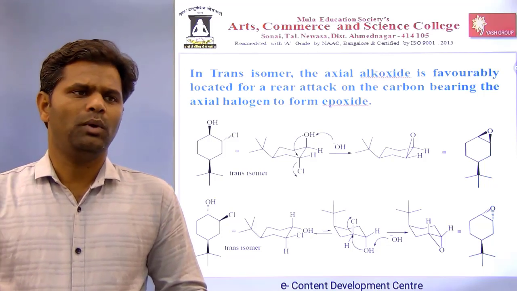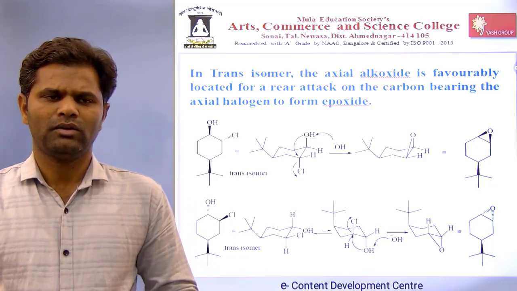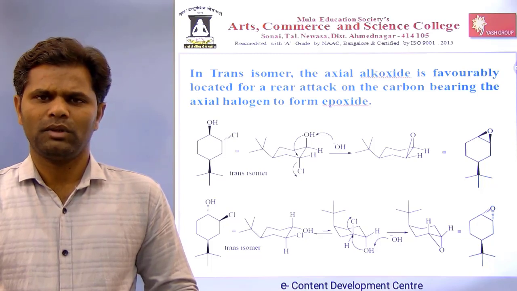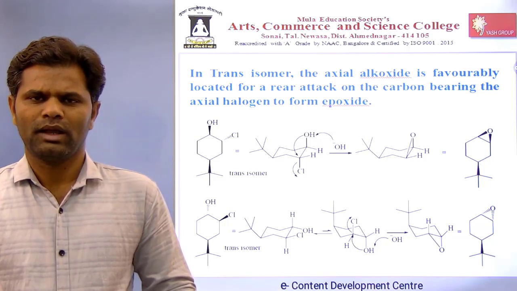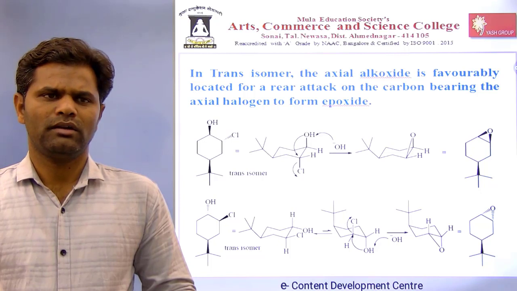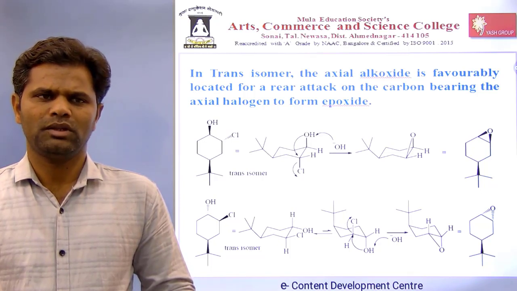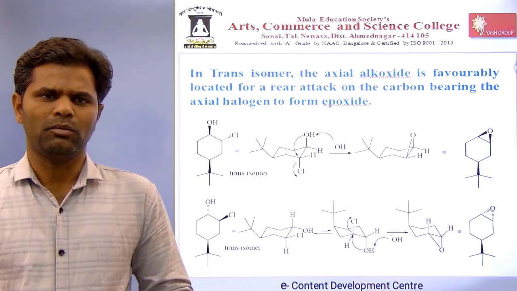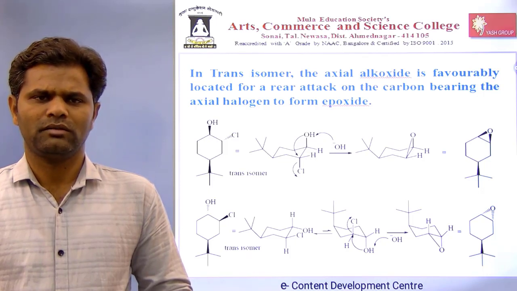When that reacts with hydroxide ion, the hydroxide ion first reacts with the axial hydrogen of the hydroxyl group to form the axial alkoxide, and that axial alkoxide undergoes the intramolecular SN2 reaction with the adjacent axial halogen leaving group, so a beta epoxide is formed.